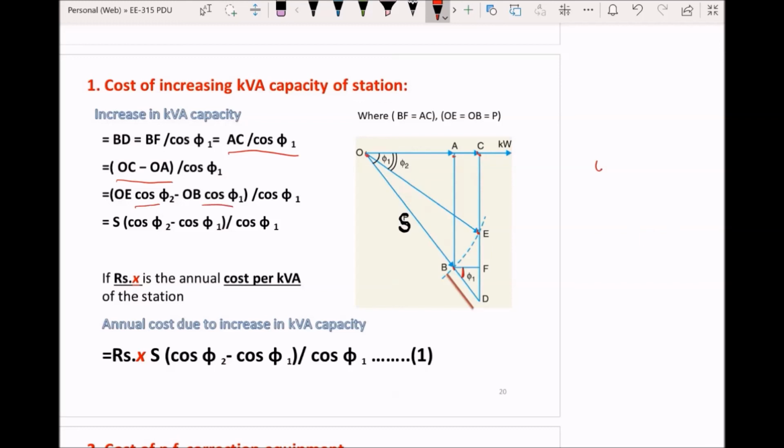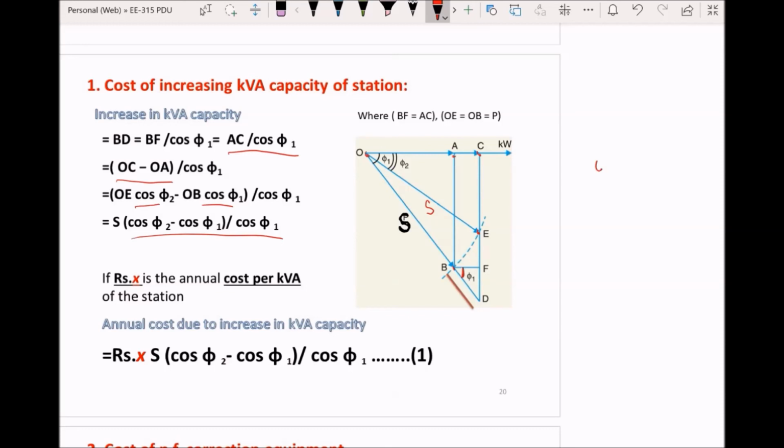After that, the final expression will be equal to this. And since OB is considered equal to OE, the apparent power will be equal to S in both cases.